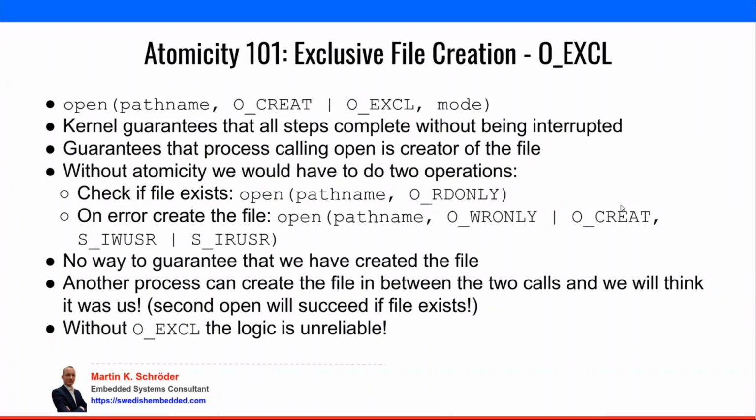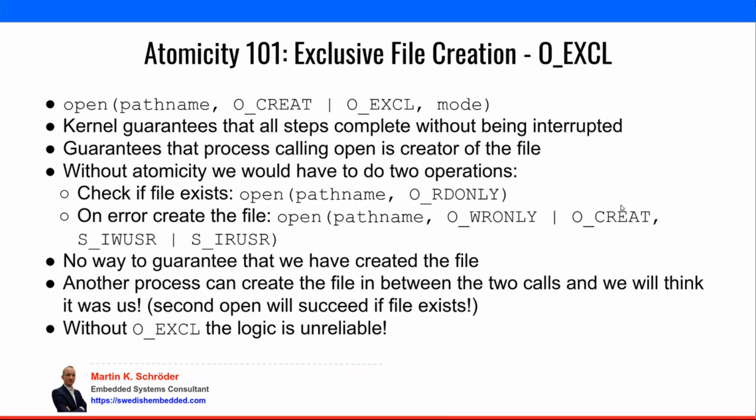That's one example. If we call open with a path name and we supply the option for creating a file and doing so exclusively, then the kernel will guarantee that all steps complete without being interrupted in the middle. There are multiple steps involved when we want to create a file exclusively.